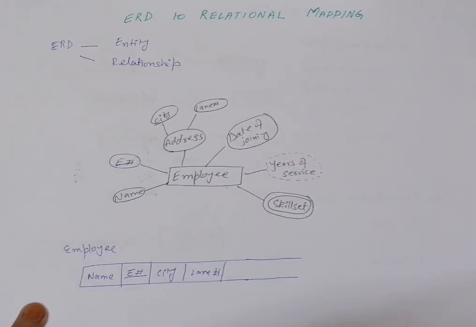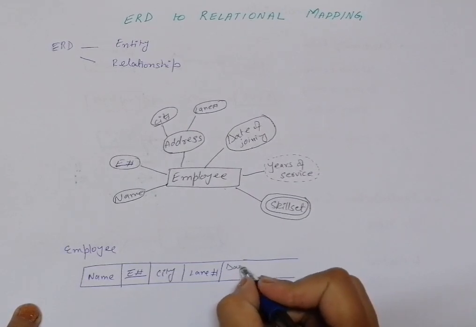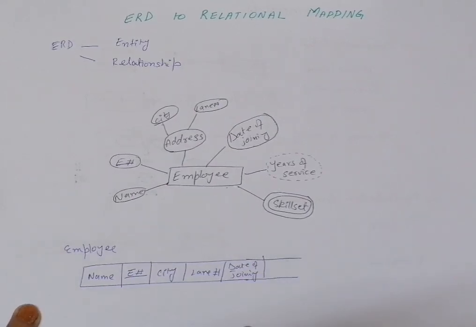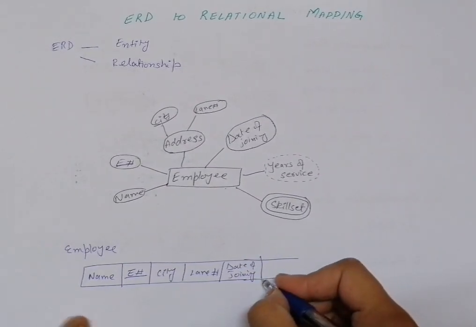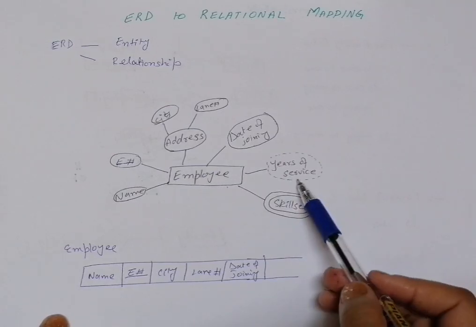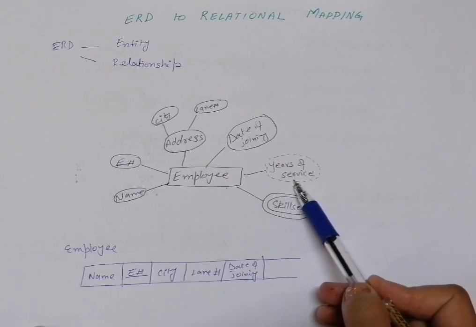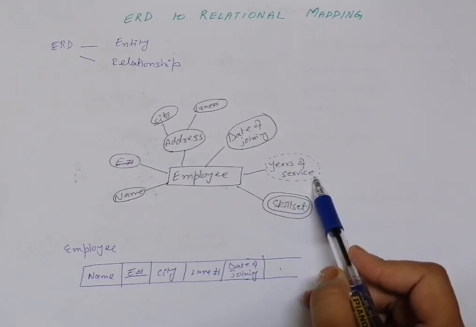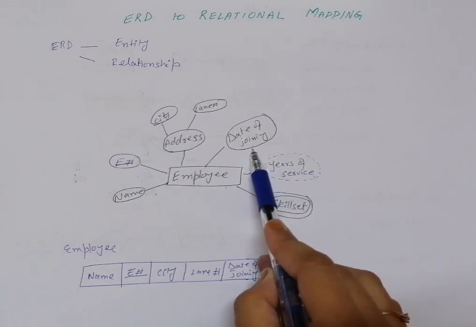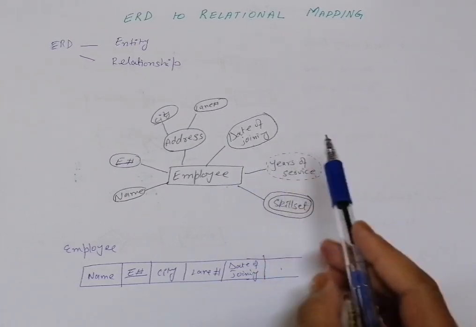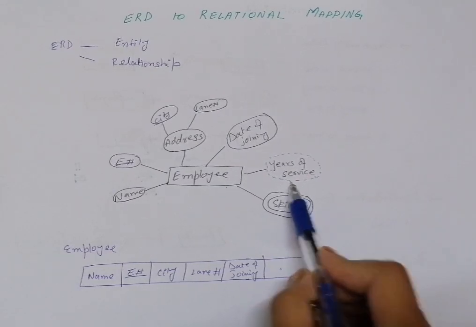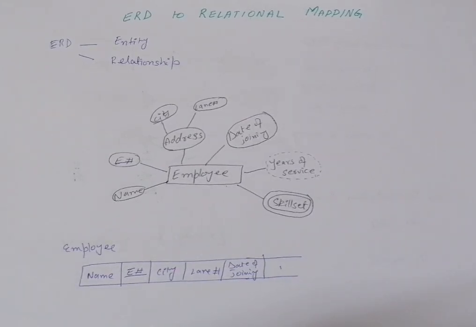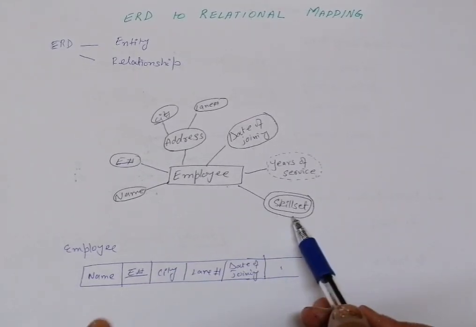The next attribute is date of joining, which is also a single valued attribute, so it will come directly as a column. Now here we have years of service. We don't need to write years of service here because it is a derived attribute, and we can find its value from date of joining by applying simple mathematical calculations. So we ignore this attribute and will not make it part of this particular relation.